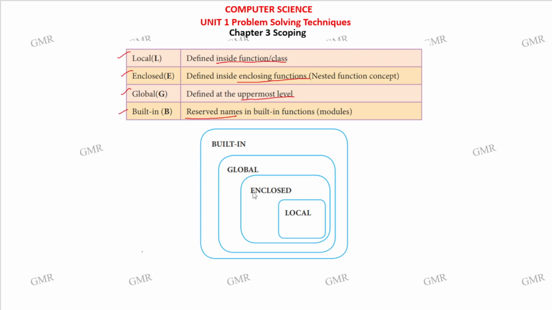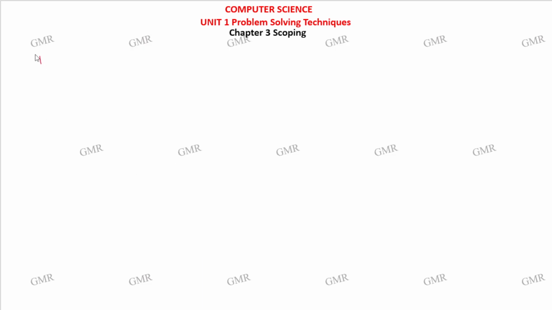Okay. We are going to the next topic: types of variable scope. There are four types of variable scopes. We shall see one by one. First, we can list out what the types are. First, local scope.